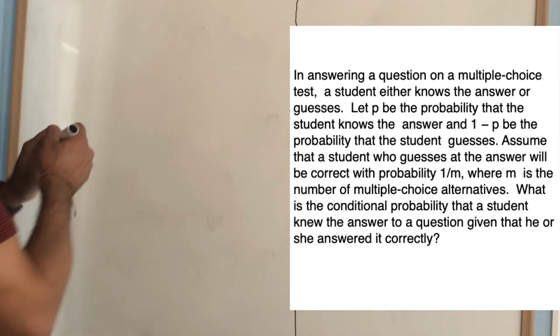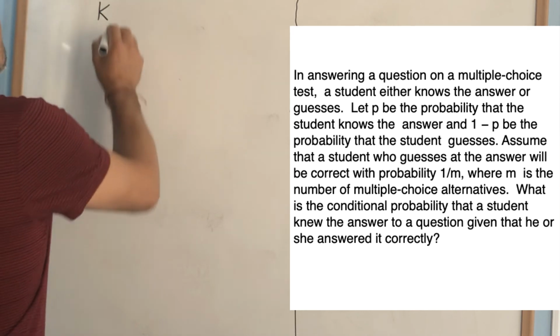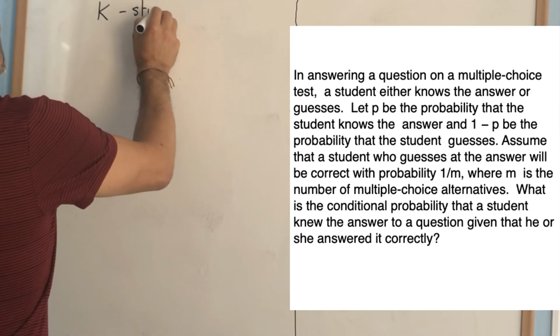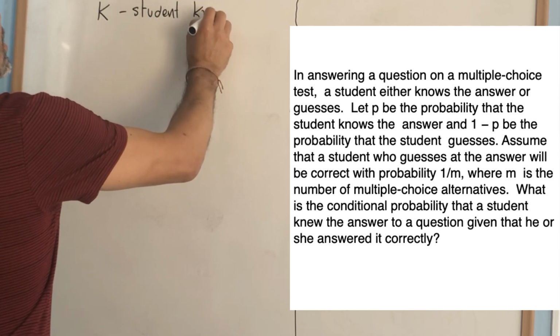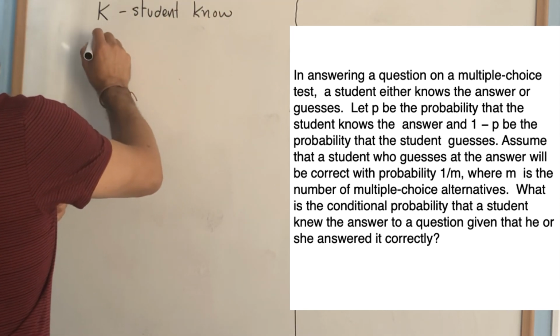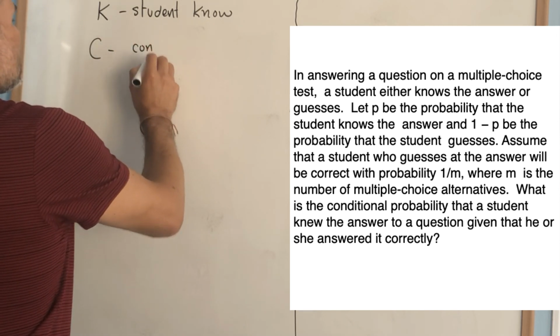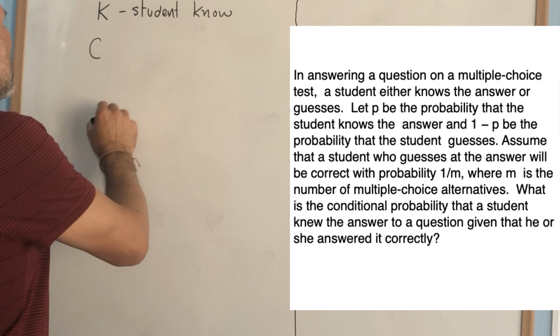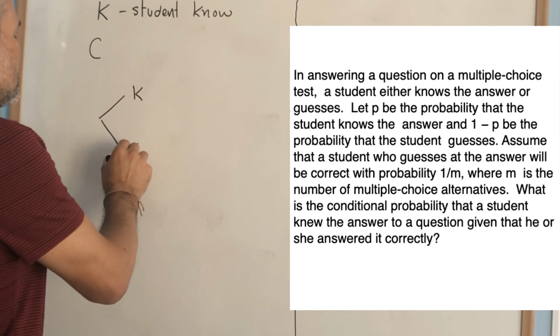For this example, let's denote these two events. K is that the student knows how to solve the problem, and C that the student answered correctly. Then we know that the space gets divided into two pieces.